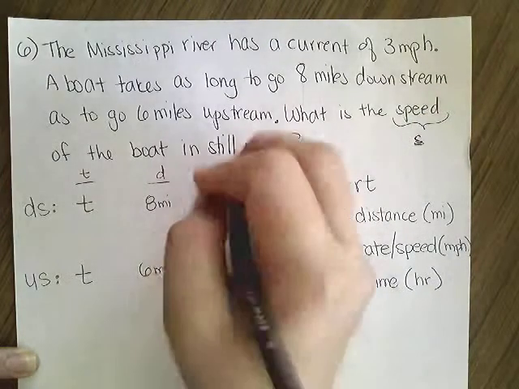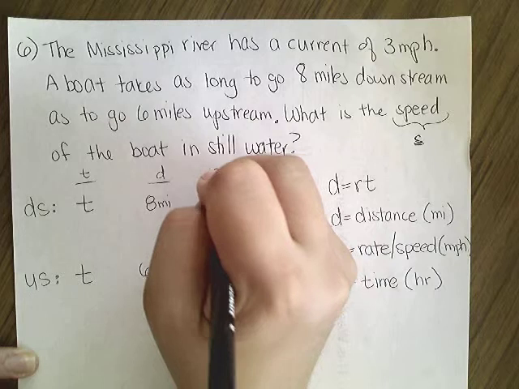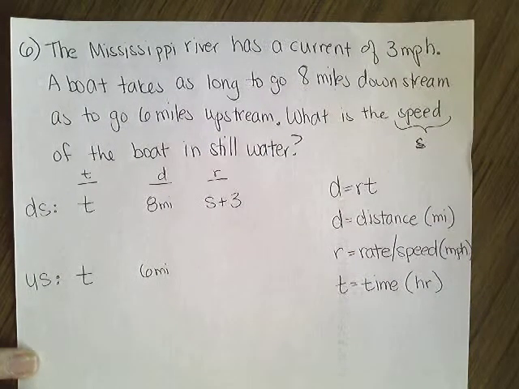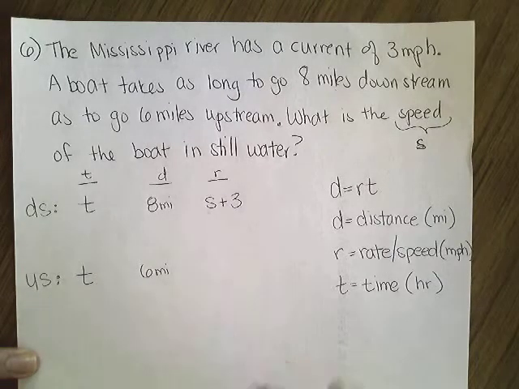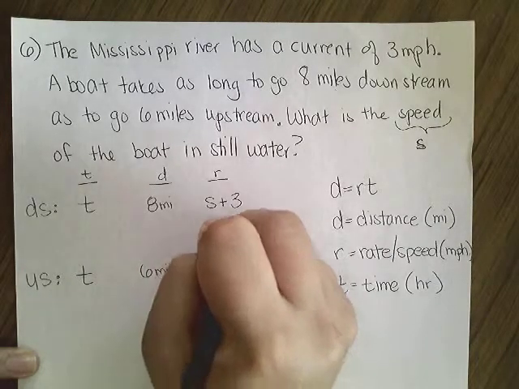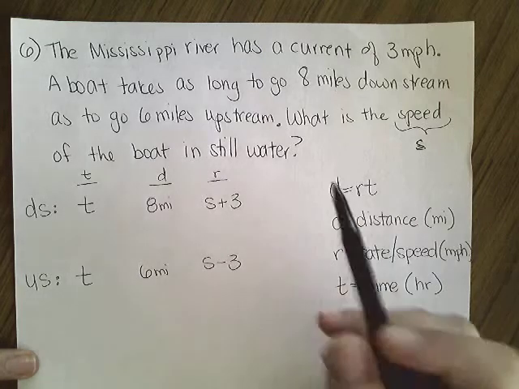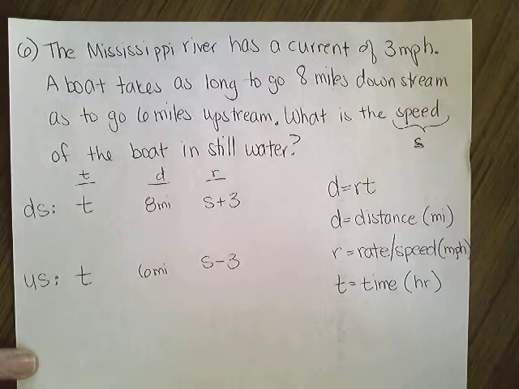When I'm going downstream, I have whatever the boat's speed is plus the current working with it, so that makes it go faster. Whereas when the boat is going upstream, the current is taking away speed from the boat. So we're saying S plus 3 and S minus 3.